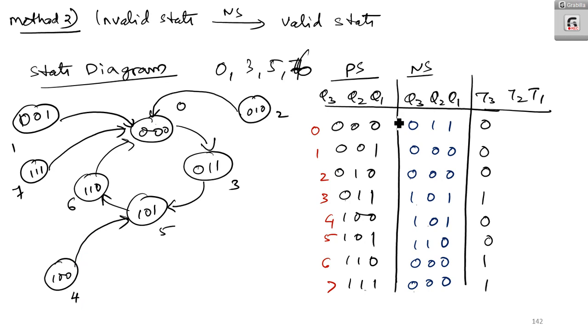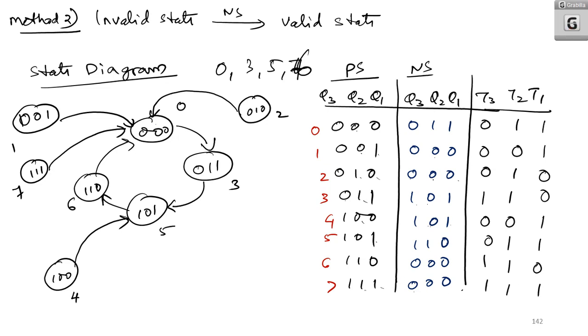Now what is T2? 0 to 1 is 1. 0 to 0, 0. 1 to 0, 1. 1 to 0, 1. 0 to 0, 0. 0 to 1, 1. 1 to 0, 1. 1 to 0, 1. Now what is T1? 0 to 1, 1. 1 to 0, 1. 0 to 0, 0. 1 to 1, 0. 0 to 1, 1. 1 to 0, 1. 0 to 0, 0. 1 to 0, it is 1.